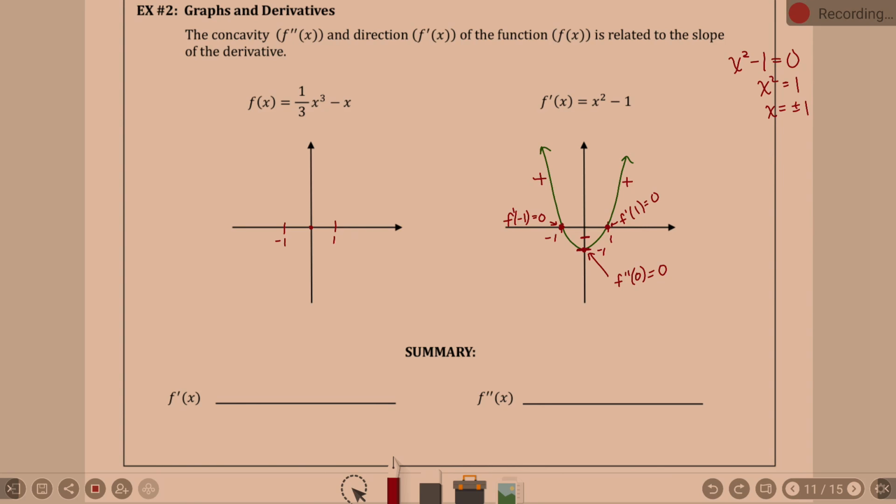Okay. Now, putting this all back together, we didn't finish talking about it. If my derivative goes from positive to negative, my graph goes from what? Increasing to decreasing.